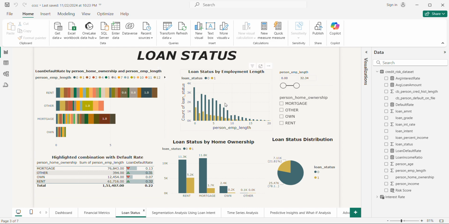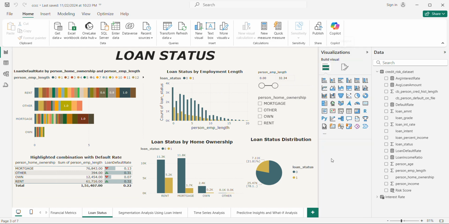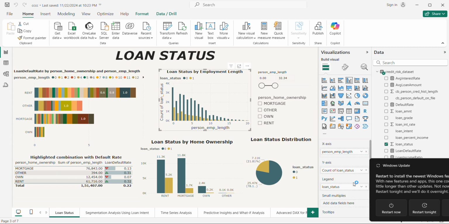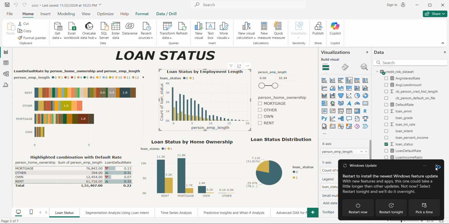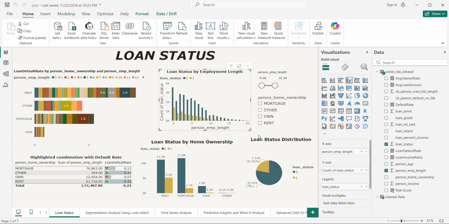There is a loan status by employment length, as a count of loan status.